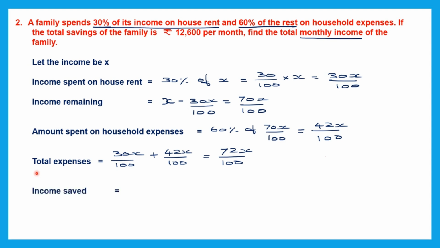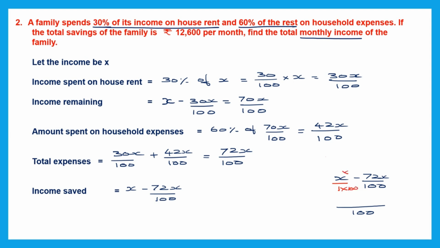So the income saved will be the original income minus the expenses. So that is x minus 72x by 100. So this also let's calculate. So x minus 72x by 100. So here also let's give this the denominator 1, and now our LCM is 100. So for the first fraction, 1 into 100.